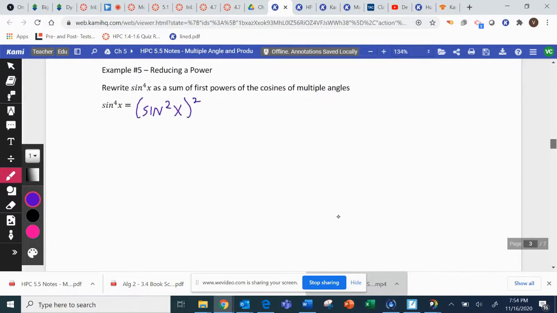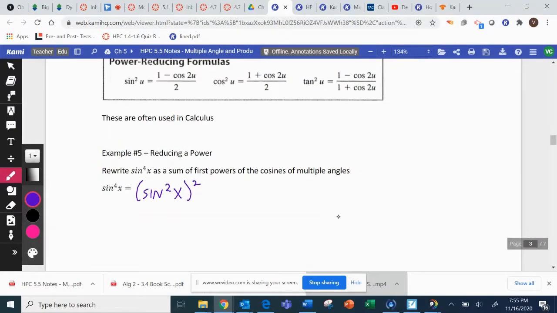Okay. Now from here, I'm going to replace with 1 minus cosine 2x over 2 squared.